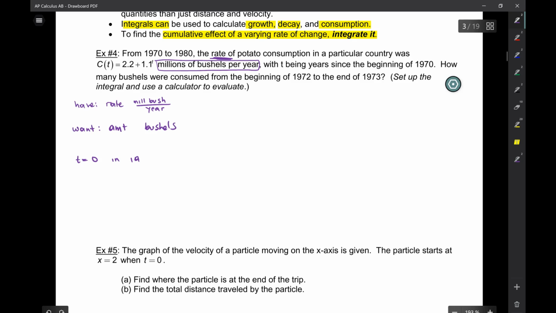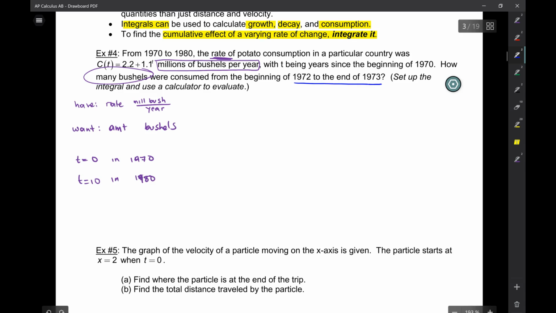So t equals 0 in 1970 here, and t equals 10 in 1980, right? Okay, so what happened here? How many bushels from the beginning of 1972 to the end of 1973?